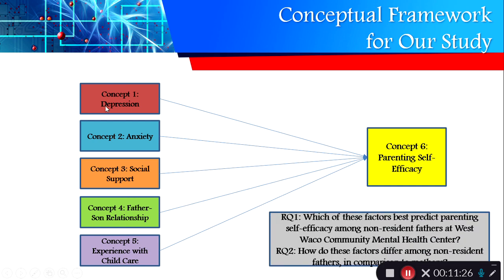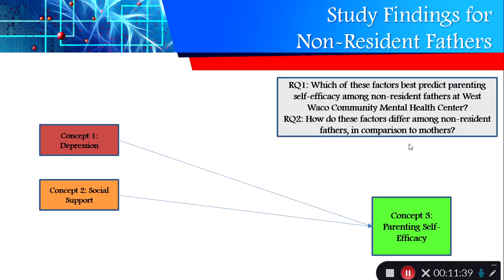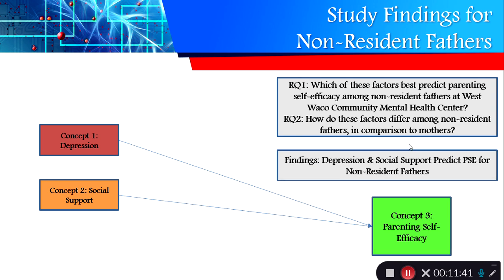We were looking to see the extent to which these 5 variables predict this outcome of parenting self-efficacy. So let's just say that we've collected our data and we now have our study findings. And let's just say that we found that depression and social support are the 2 strongest predictors of parenting self-efficacy among non-resident fathers.